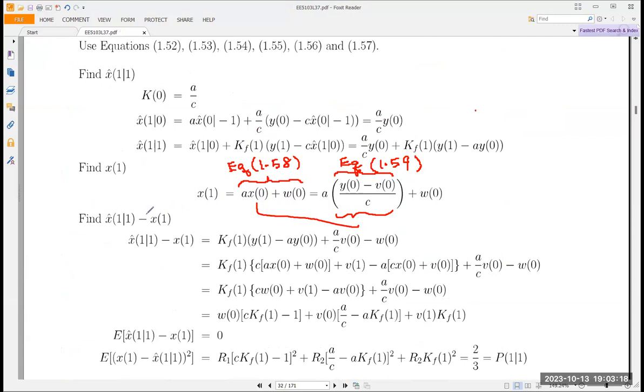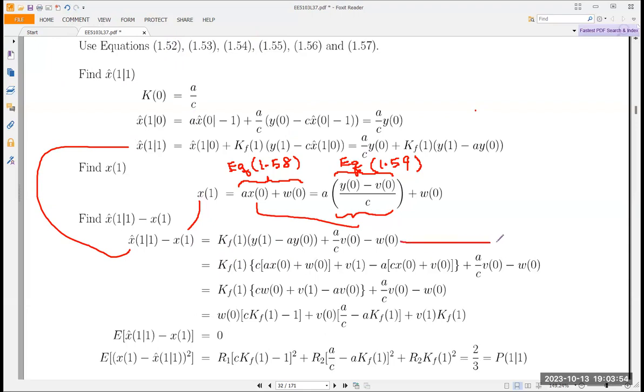Then after that, you take this and this. You subtract each other, you will get this. Okay. Then after that, you reorganize things a little bit. Means what? All right.